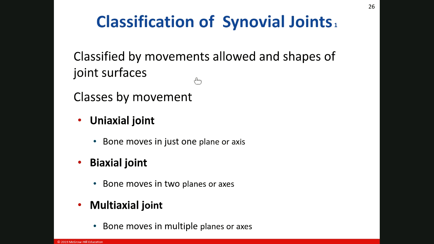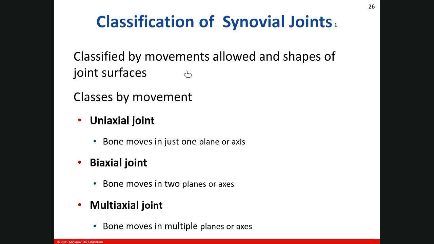All right, let's jump into classification of the synovial joints. Now we're going to get into how some of these synovial joints are structurally configured and what type of movement is going to occur at these joints. I'm going to start off very general, and then we'll get specific.